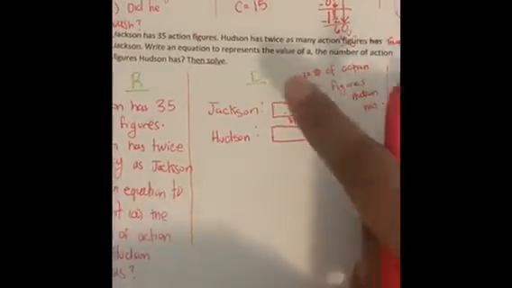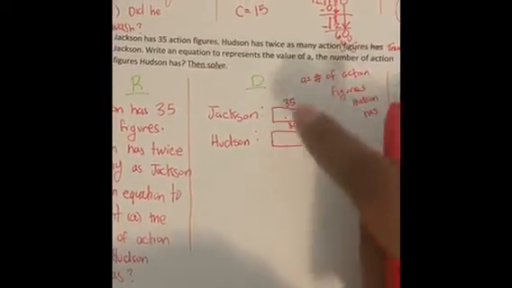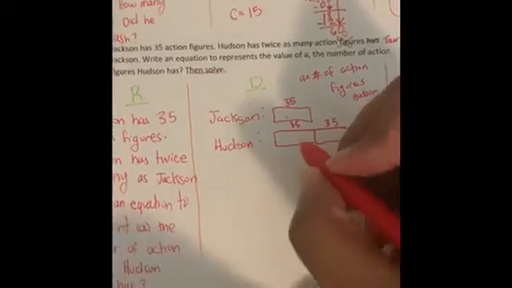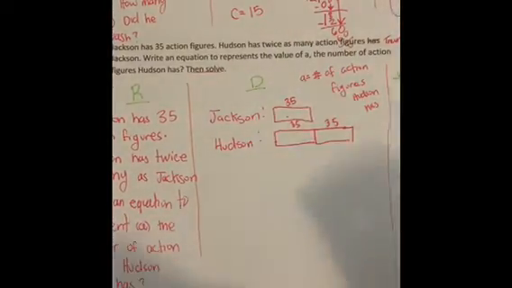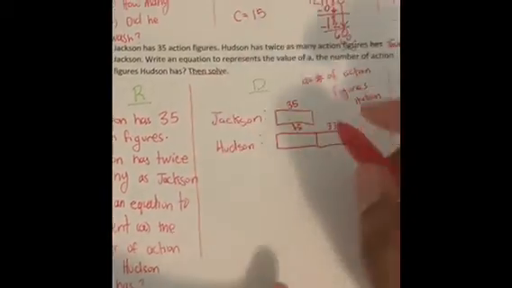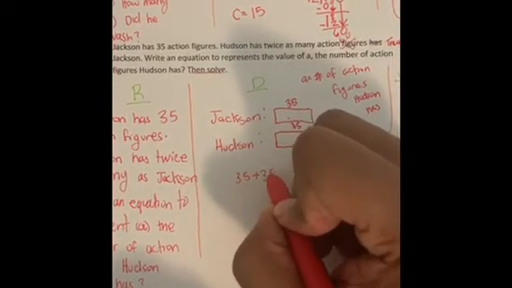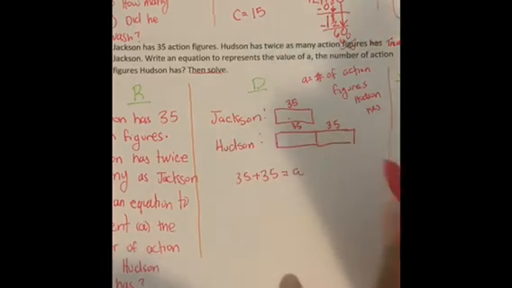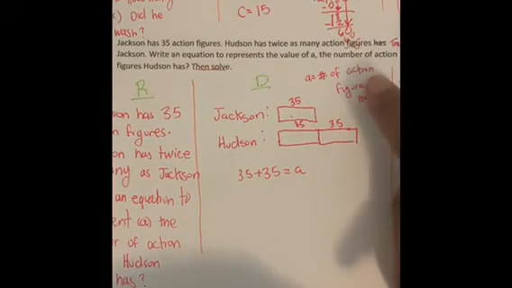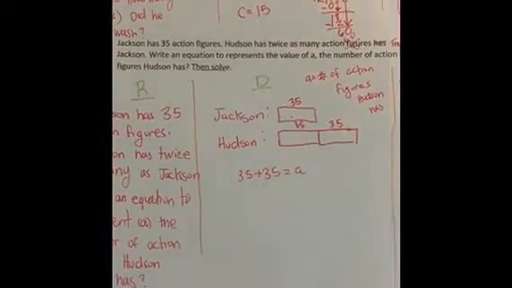Okay, so here's my tape diagram. I showed that. So I can do it a couple ways. I got to write my equation, right? I want to write an equation. So I can say 35 plus 35 is going to equal A, which is going to give me the number of action figures that Hudson has, right? That's one way.